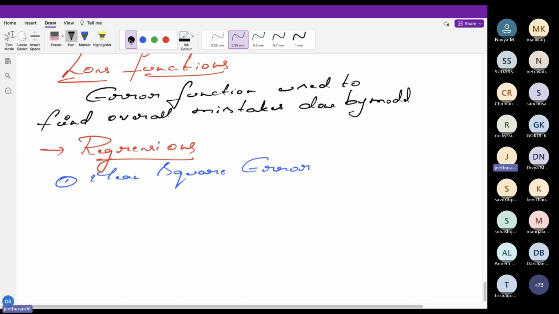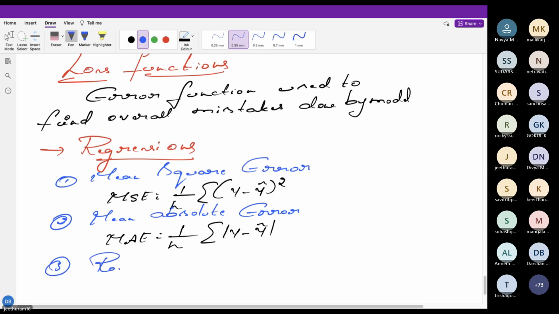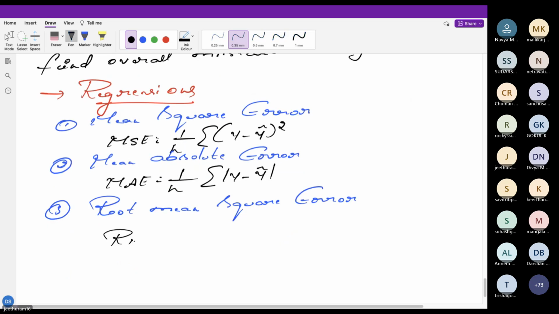It uses mean squared error. When I say mean squared error, and then we have root mean squared error, which is RMSE, which is square root of MSE.